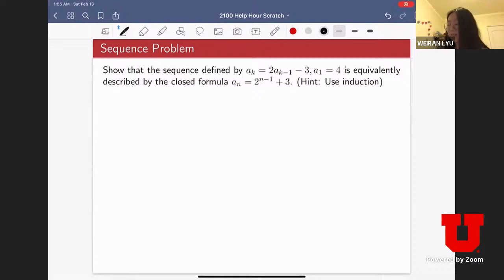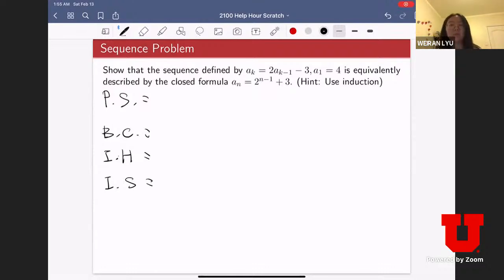So remember the 4 steps: problem statement, base case, hypothesis, and the deductive steps. I will give you guys about 3 or 4 minutes to work on this problem.